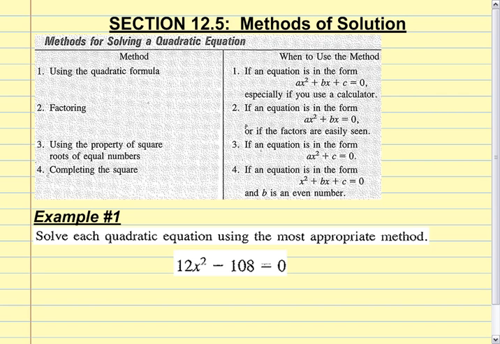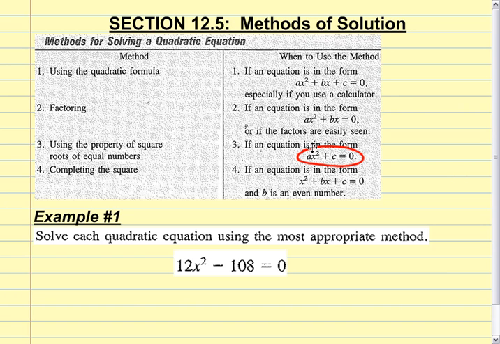Generally not. Now the 4th thing they have up here is this one right here. If there is no linear term, that means no x to the first, then just get the x squared by itself and take the square root. Okay? That's simple.